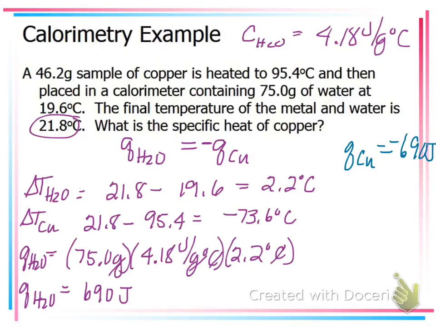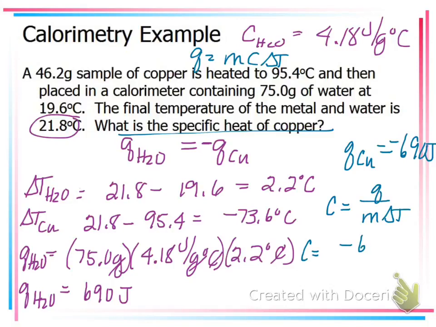So now I can take this equation, Q is equal to MC delta T, and I can solve for C, because that's what it's wanting. So C is equal to Q over M delta T. So negative 690 joules. Mass was 46.2 grams, and then negative 73.6 degrees Celsius.